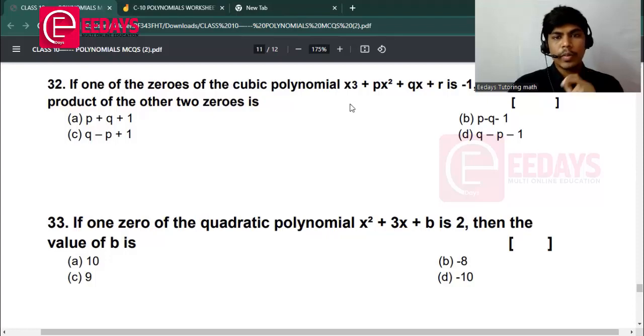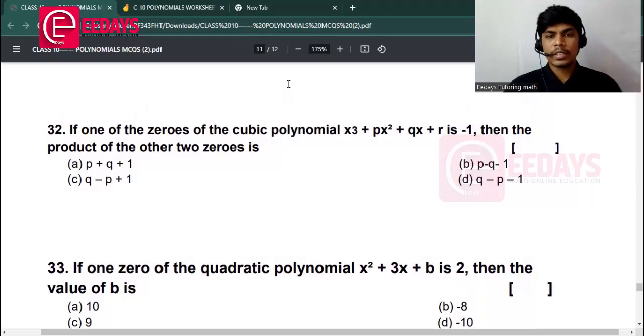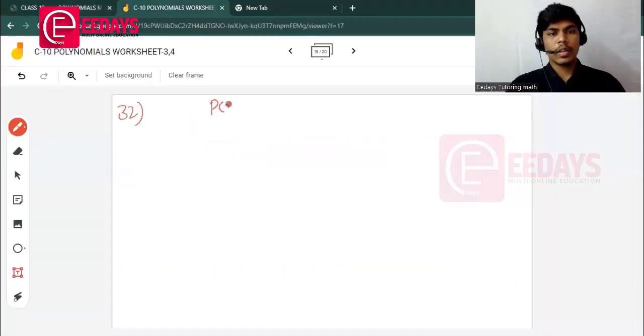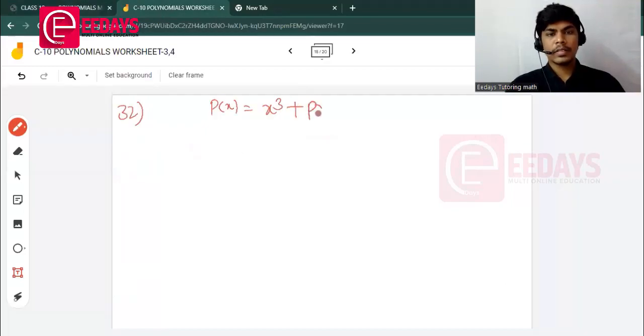If one of the zeros of the cubic polynomial x cube plus px square plus qx plus r is equal to minus 1, they ask you to find the product of the other two zeros. So the product of the other two zeros is minus c by a. I think you people already forgot. First of all, the polynomial equation they gave is x cube plus px square plus qx plus r.